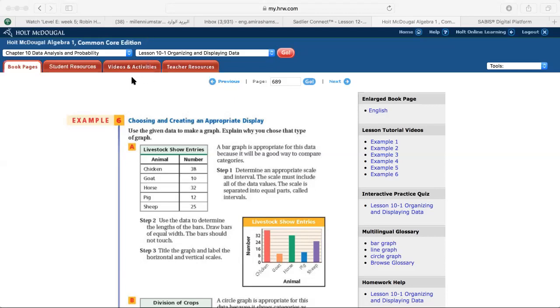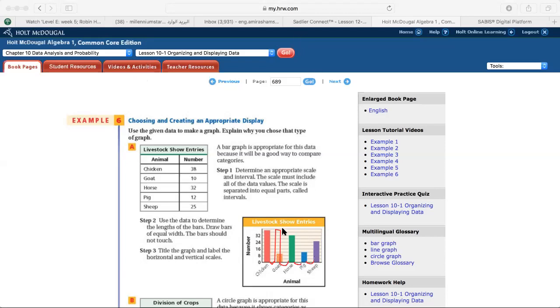For example, do not start from here. Okay, and leave a big distance. You see the distance from here to here is smaller than the distance from here to here. Now all the distance should be equal to each other.